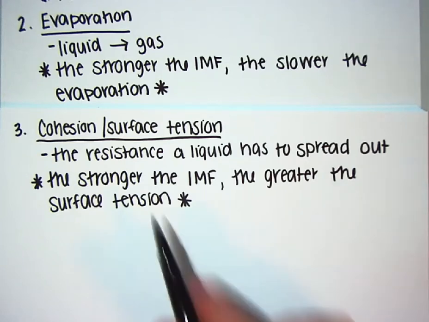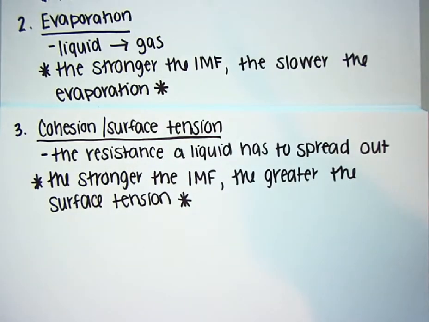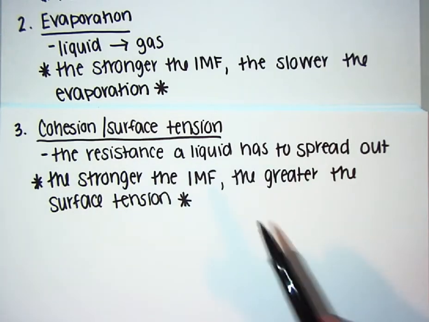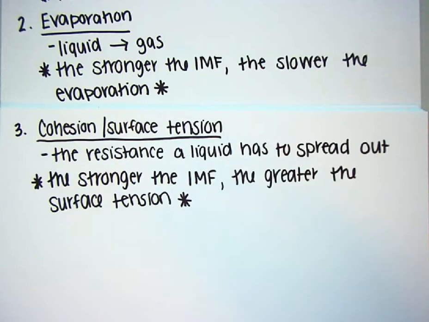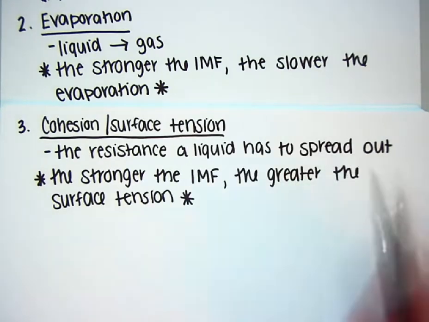If we have a really strong intermolecular force, those molecules are going to be held tight together. You're going to see that liquid kind of bubble up like we see a drop of rain. If it has a very weak intermolecular force, you're going to see that it's going to spread out. Those molecules aren't held together as tightly, so they're going to have a weaker surface tension and you're going to see them spread out.